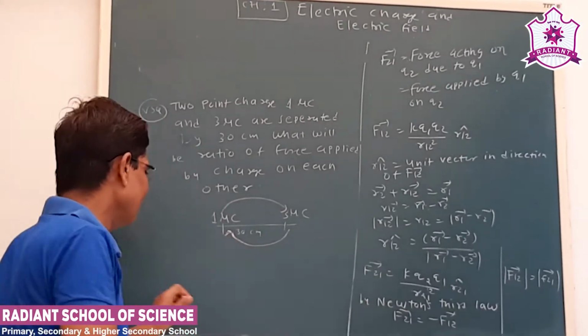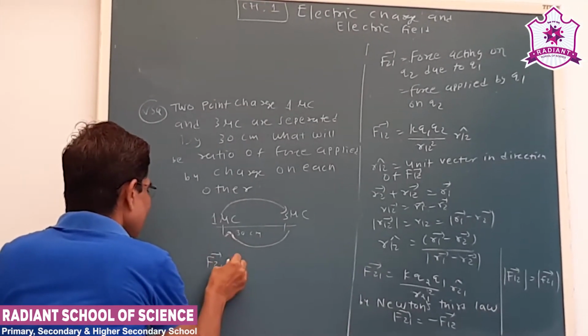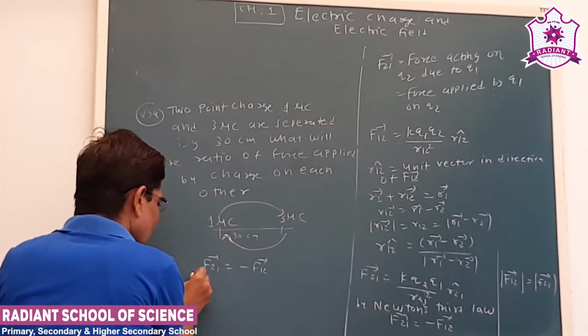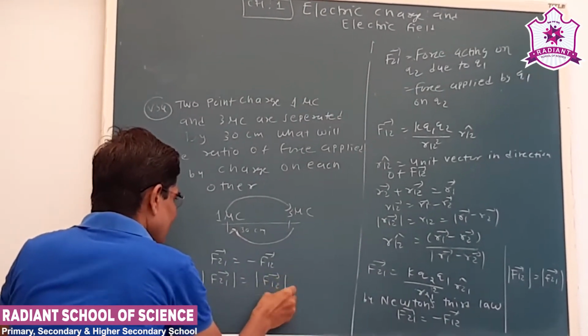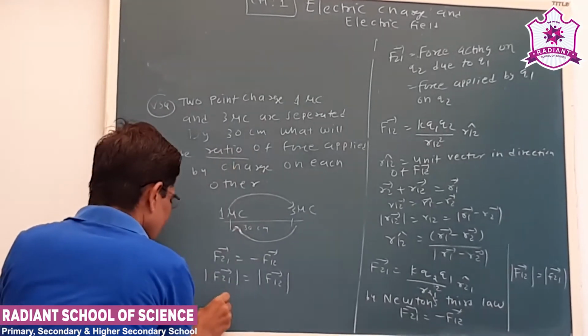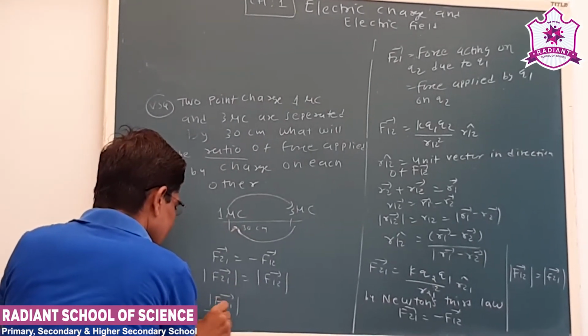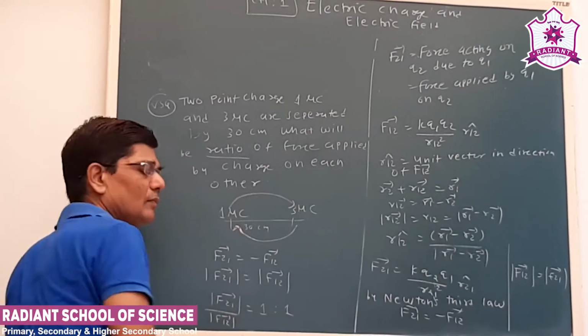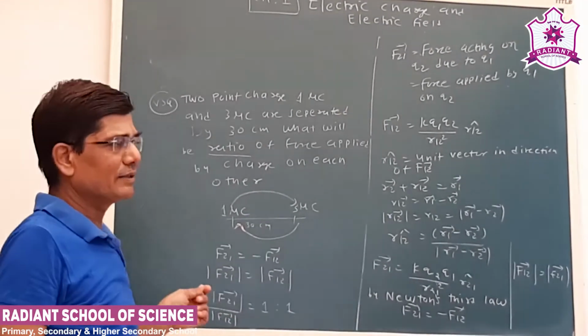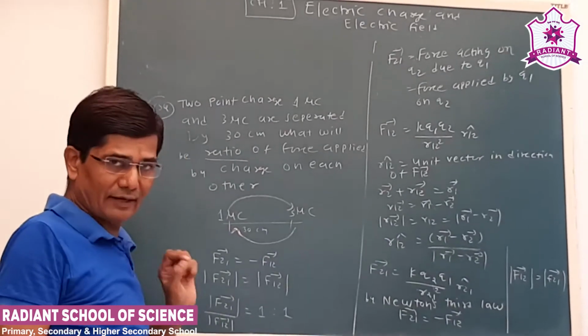So F21 will be equal to minus F12, but their magnitudes will be equal. In that case, the ratio of F21 upon F12 is 1. So this is a simple example of Coulomb's law in vector form.